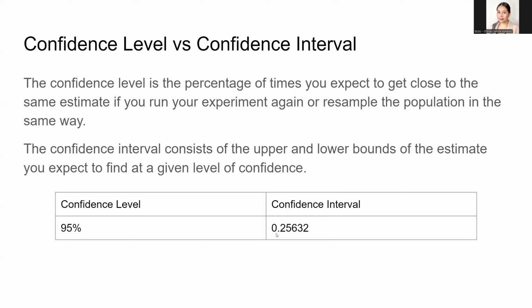So, kung kunwari, ang nakuha mong confidence interval is 0.25632, this means that if your mean is 30, then the highest measurement that you were able to get would be around 30.26, and the lowest that you were able to get would be 29.74. So plus or minus your mean, yung value ng confidence interval.